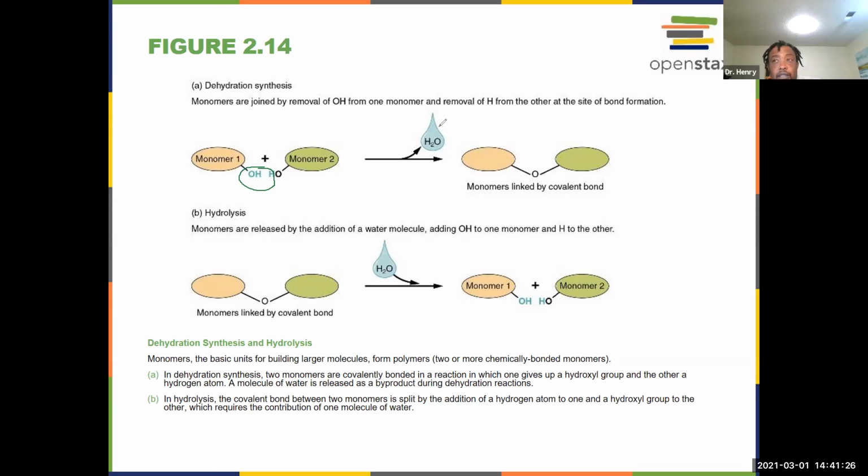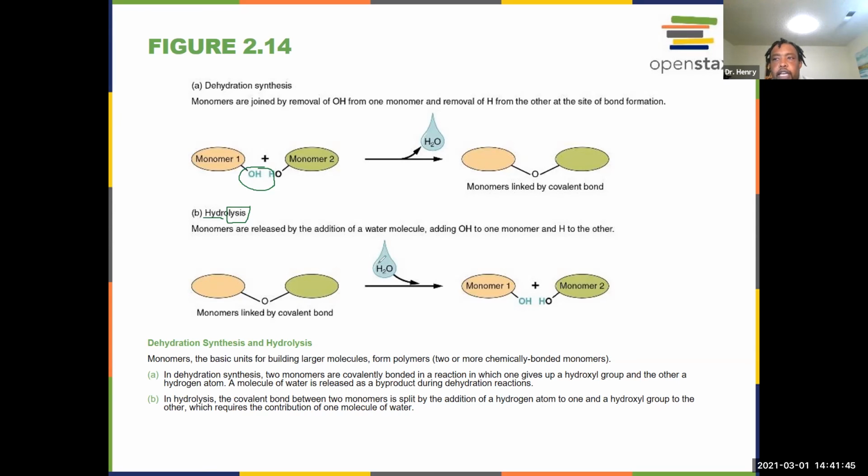So dehydration results in us building, whereas hydrolysis, hydro means water, lysis means breaking down. So we're using water to break things down. In this case, water is being used to break down these two monomers.